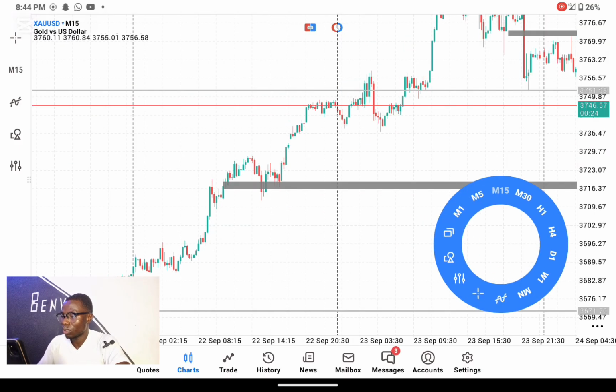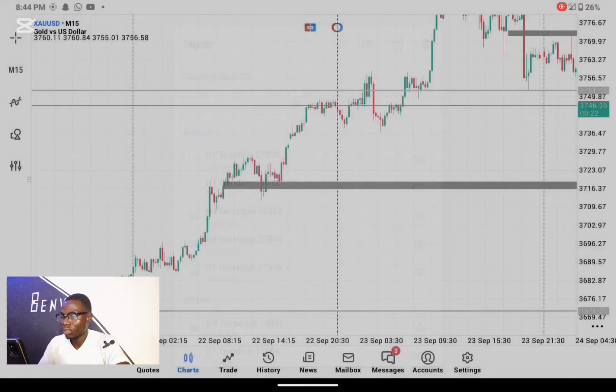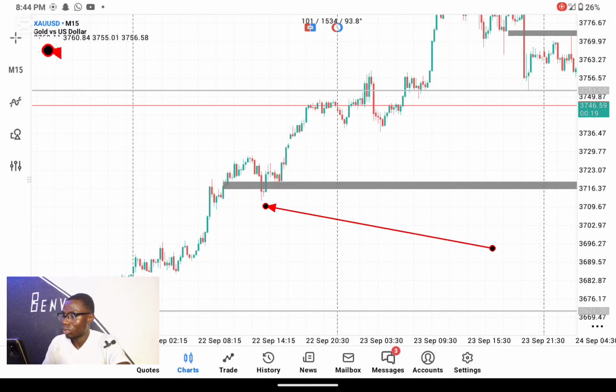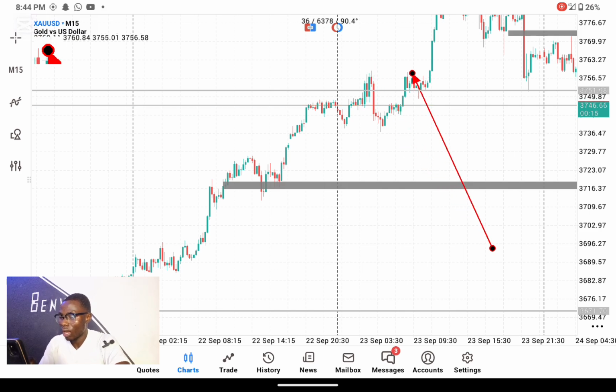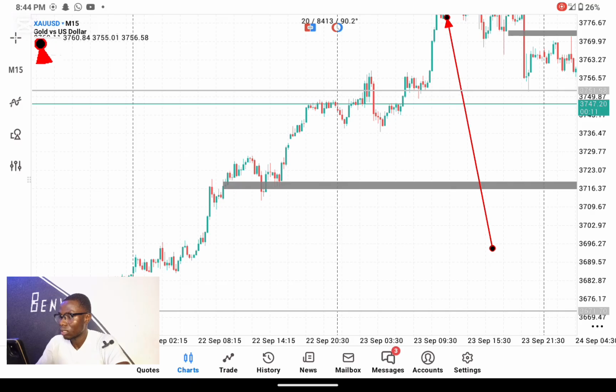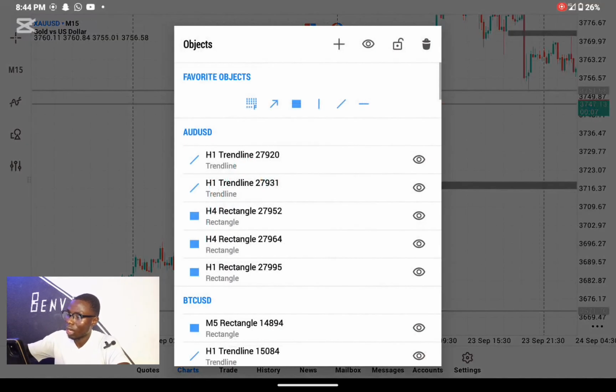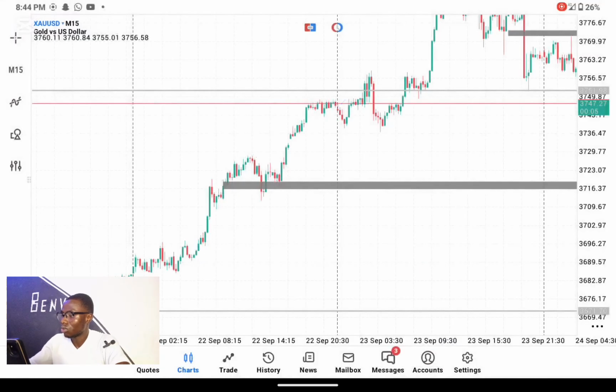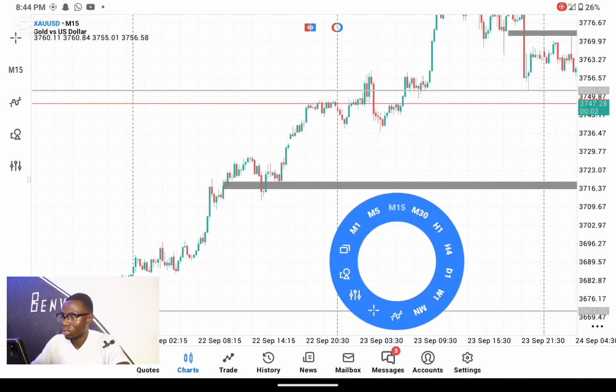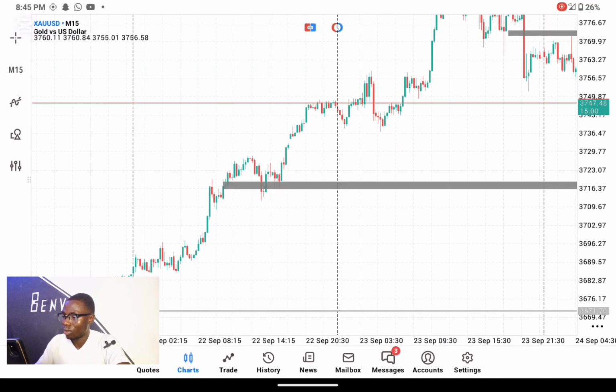This is one of my higher highs here. Higher high, higher low, higher high, higher low, higher high, then it gave us a higher low, then a higher high up here. So now let's plot this again and see if it will give us something tangible. Let me clear this first.